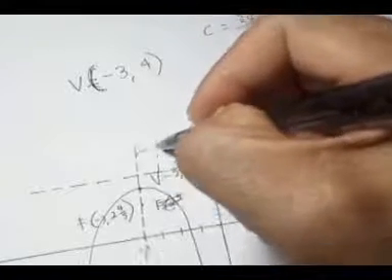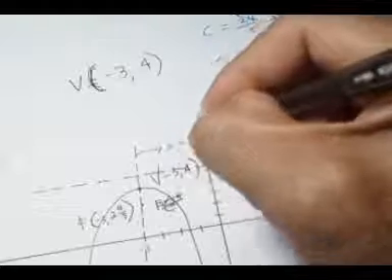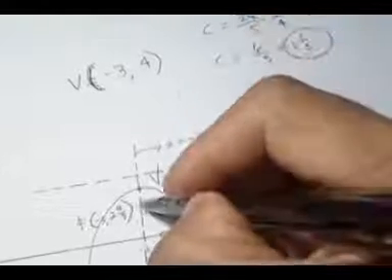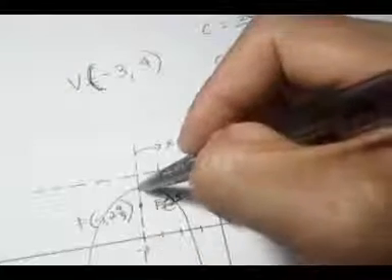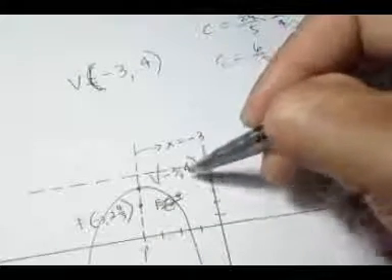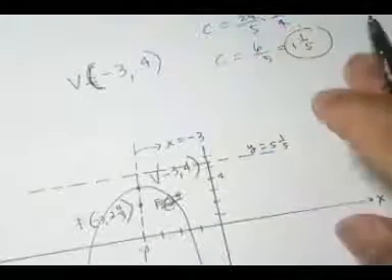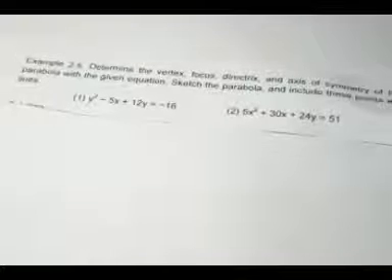Our axis of symmetry is x equals negative 3. Our focus is negative 3, 2 and 4/5. Our vertex is negative 3, 4. So we have answered the question. Next problem.